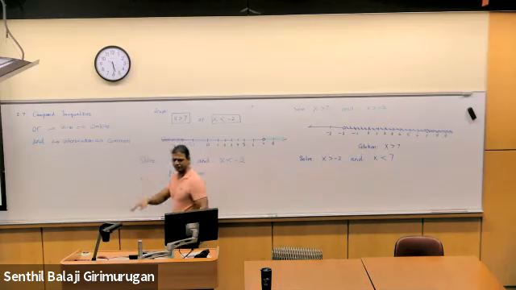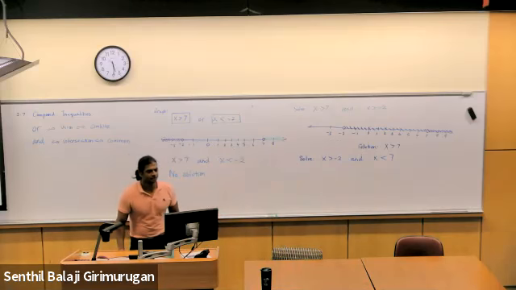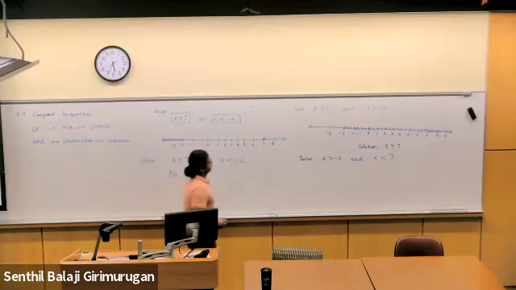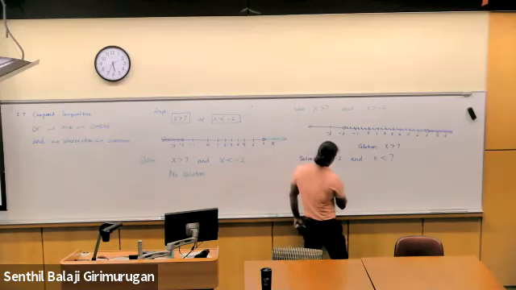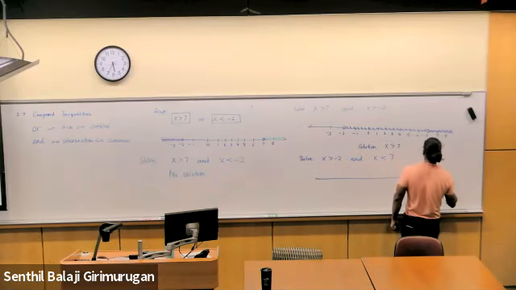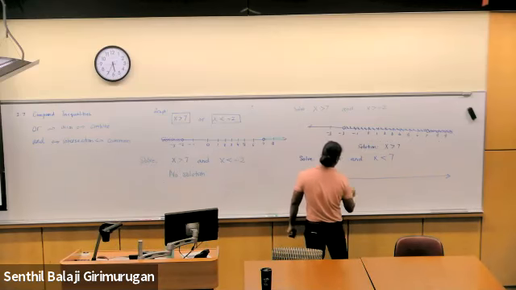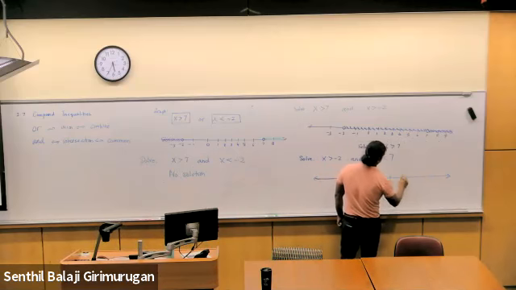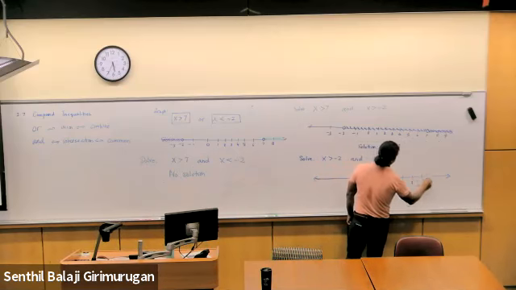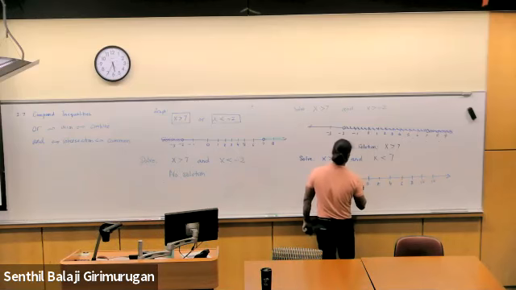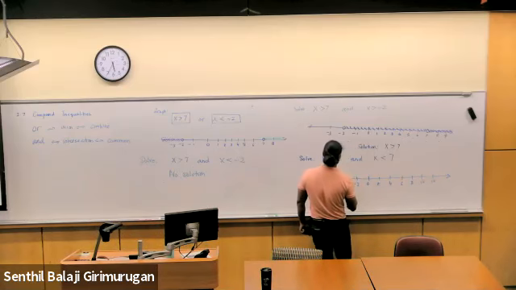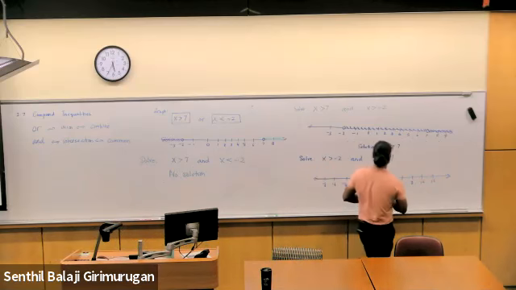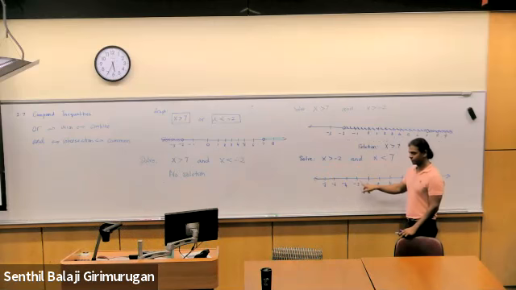Let's try that. You just have to graph it. So should we put an open dot or closed dot at -2?